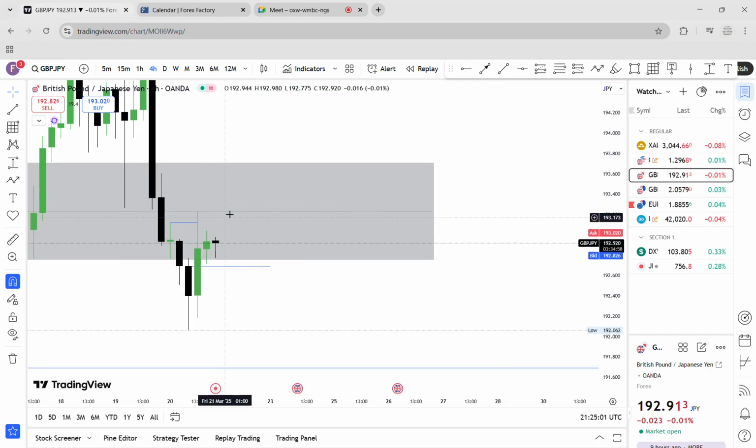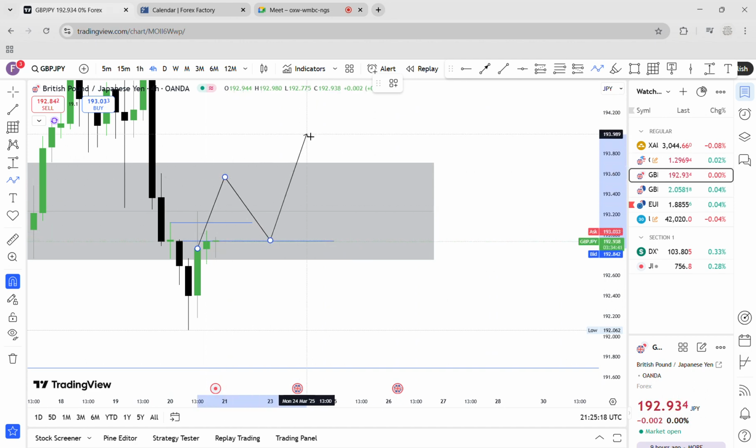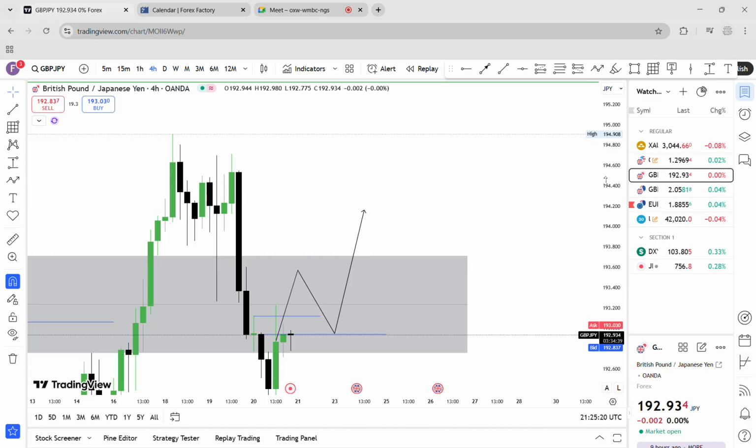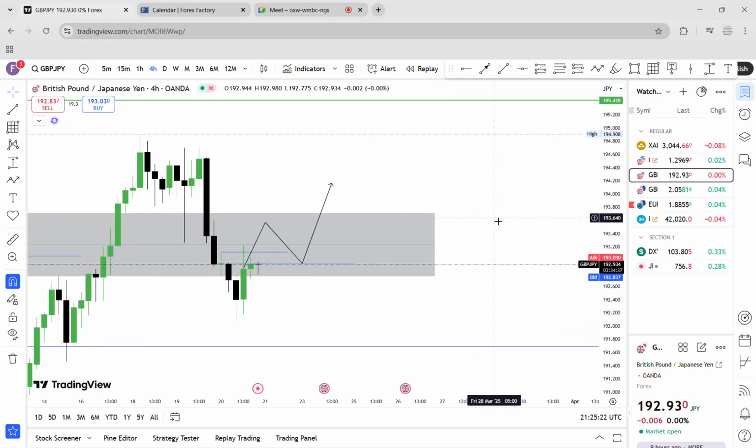Price will continue trading higher and close with body above this level right here. As soon as we close with body above this level, then this will now become our point of interest. We now wait for price to retest that area. So if we trade above this high, then retest and continue going higher, this is what I want to see with price.